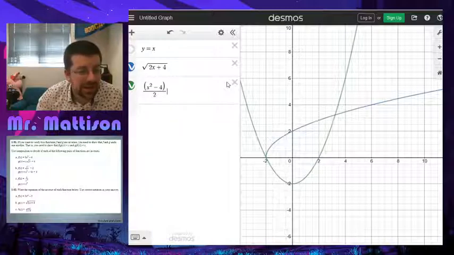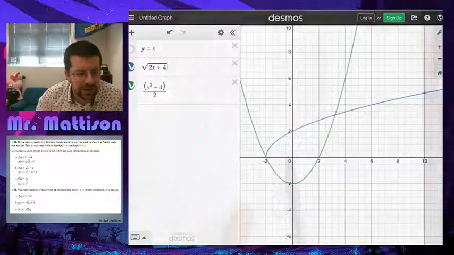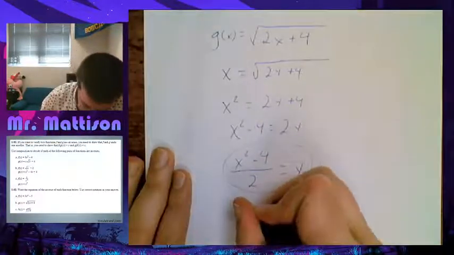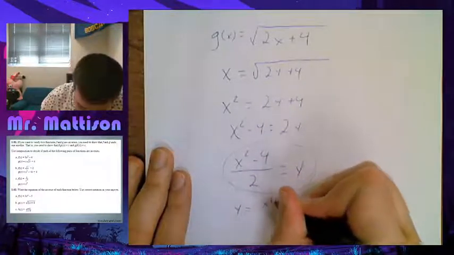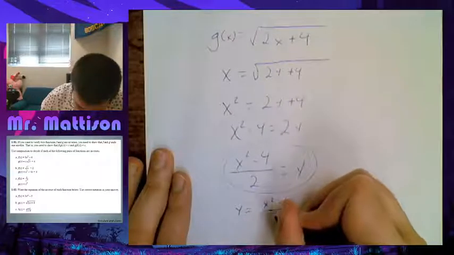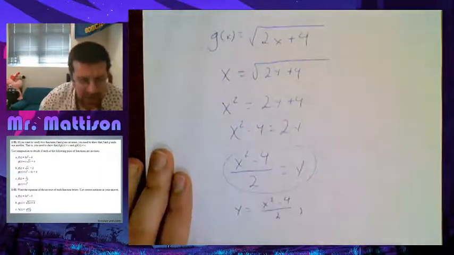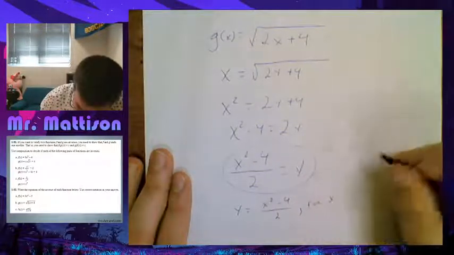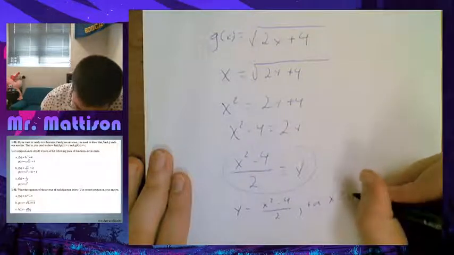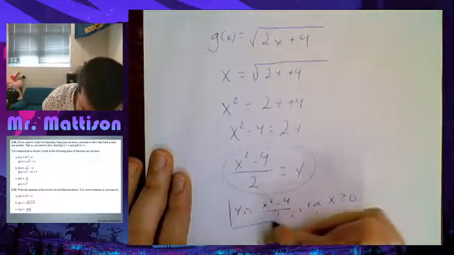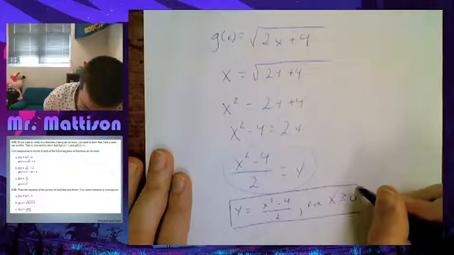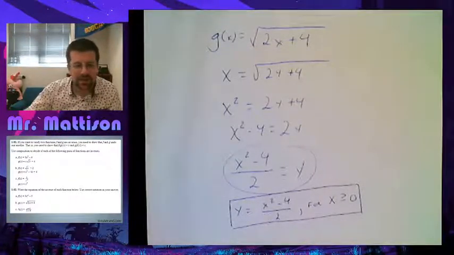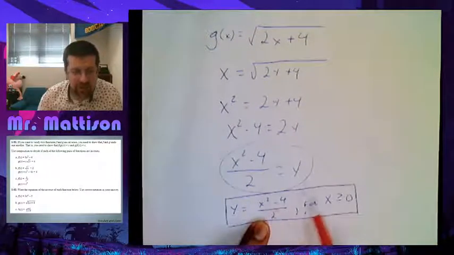So the notation that I would actually say is y is equal to (x squared minus 4) over 2, I'll put a little comma there, for values of x that are greater than or equal to 0. So that little extra bit there is what's called a domain restriction. And that basically tells us, hey, it's this, but only under this particular region.